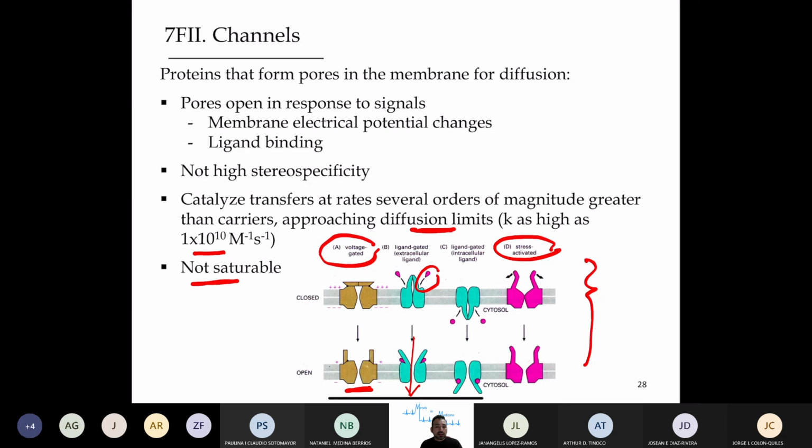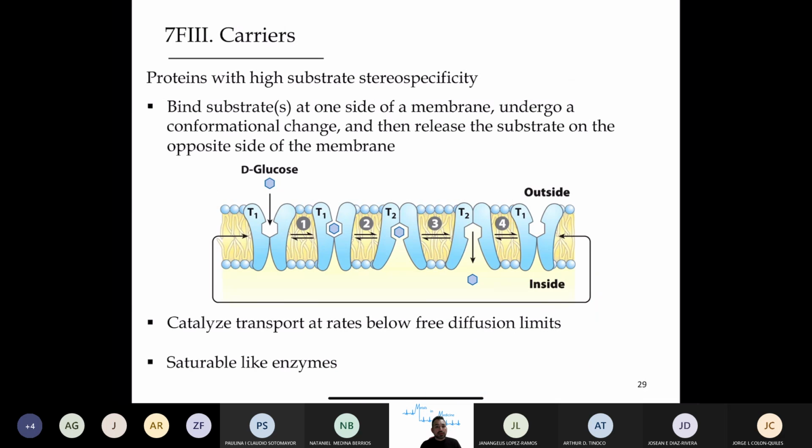What I mean by that is that you have an opening, and so your solute can go through until that opening closes. So you're not limited by the solute and its interaction with the transporter in terms of movement of that solute. But in contrast, with something like a carrier, there will be a limit.